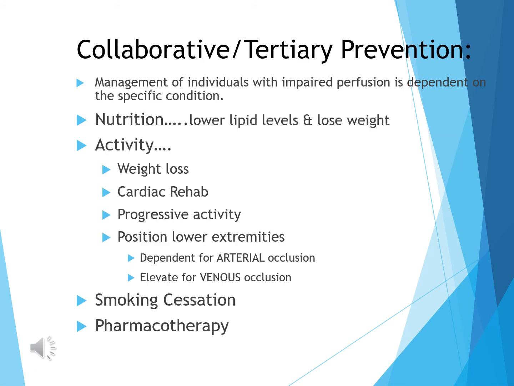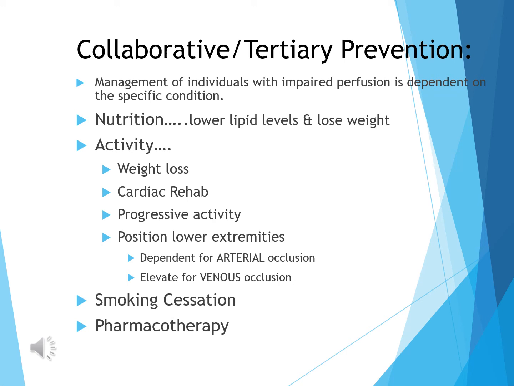Collaborative or tertiary prevention is the management of individuals with impaired perfusion, being dependent on a specific condition. We're looking at nutrition, again, lowering lipid levels, losing weight if needed, activity, whether it's weight loss, cardiac rehabilitation, progressive activity to tolerance, position of lower extremities.